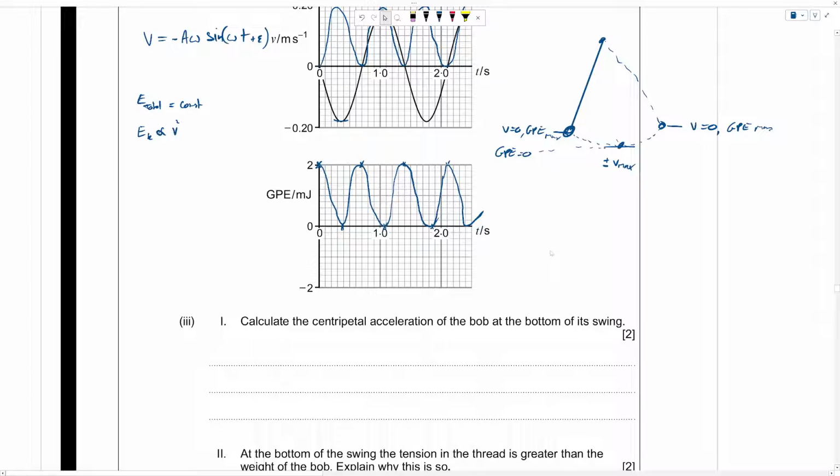Calculate centripetal acceleration of the bob at the bottom of its swing. Now this is the centripetal acceleration of the bob. We've got to be really careful here.